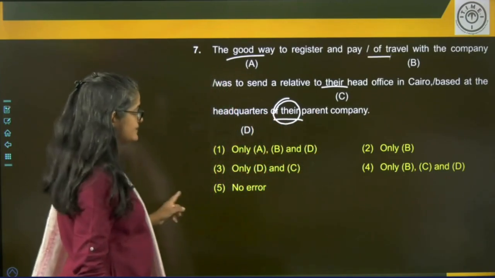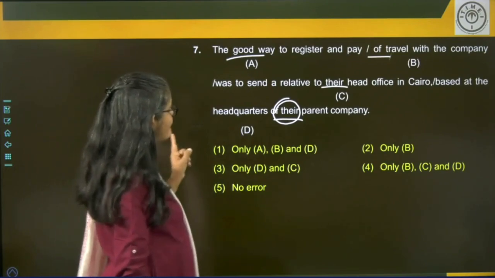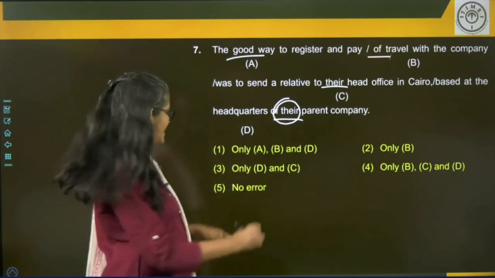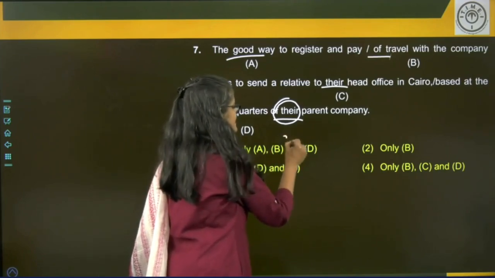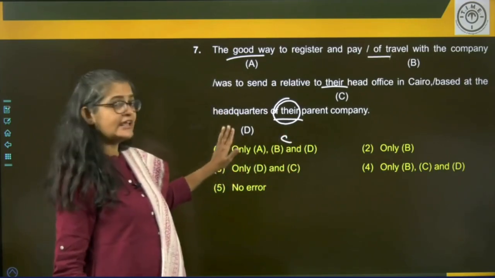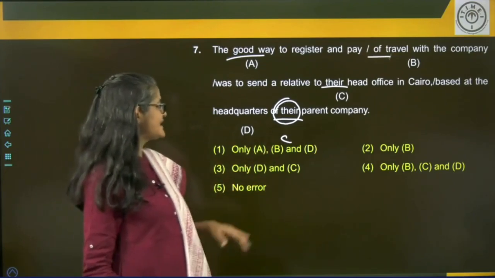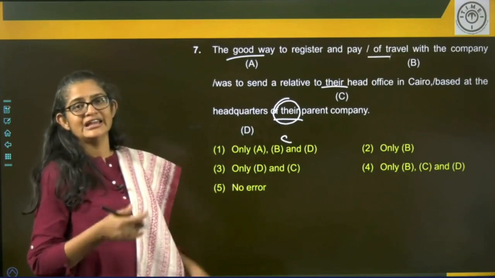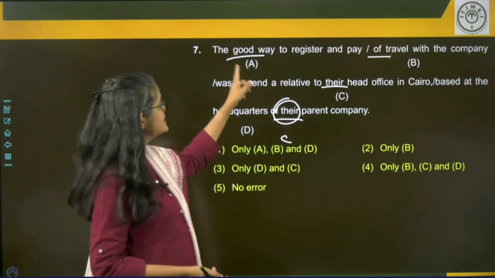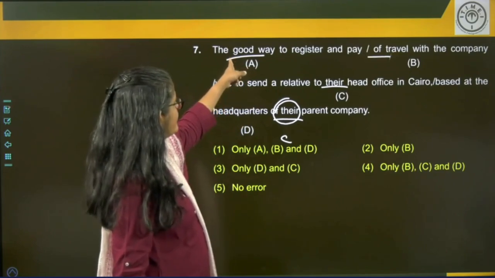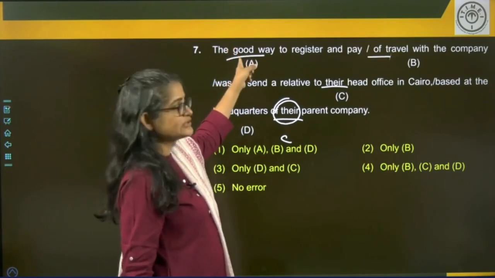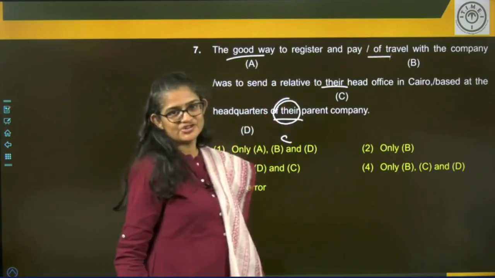That is better. So, in that sense, we have errors in all the 4 parts here. C is missing. We have errors in A, B, C and D. Okay, all the parts have errors because of the inappropriate use of the pronouns here and the degree of comparison here, which should be superlative, and the preposition there.